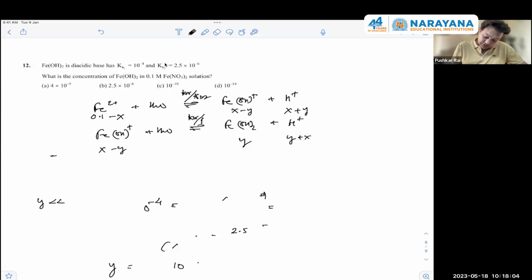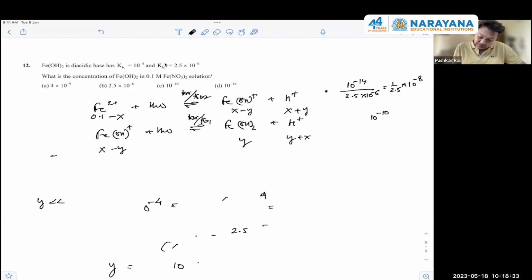Kw upon Kb1. The equilibrium constant of this is equal to 10 to the power minus 14 divided by 2.5 into 10 to the power minus 6, coming out to be 1 by 2.5 into 10 to the power minus 8. And the equilibrium constant of the second is 10 to the power minus 10.